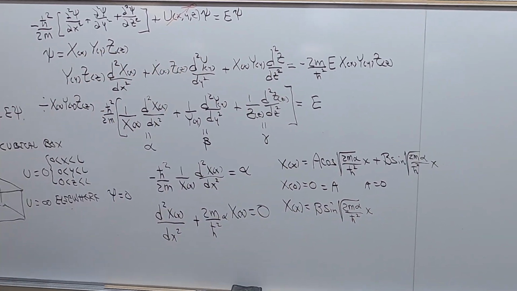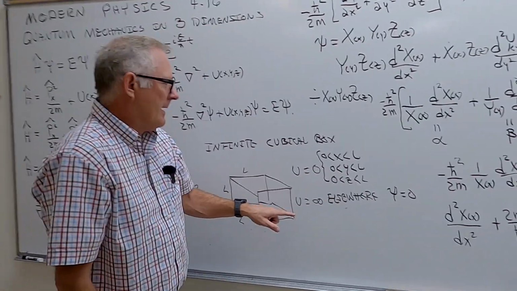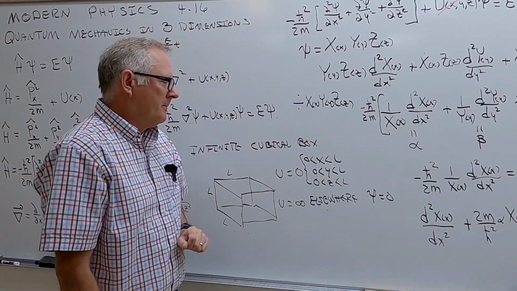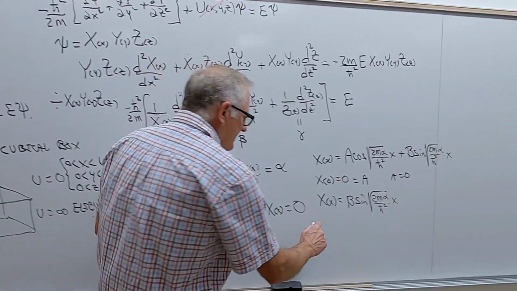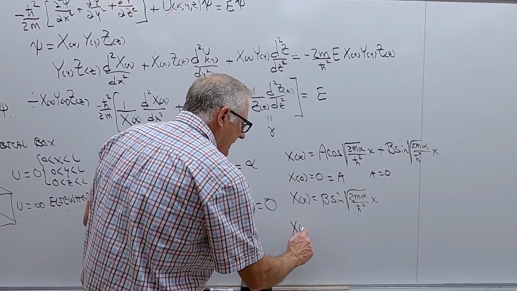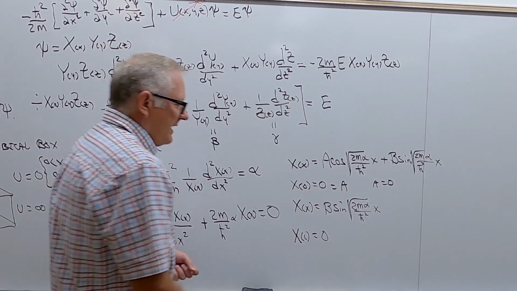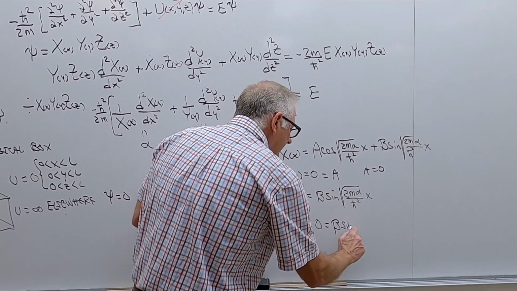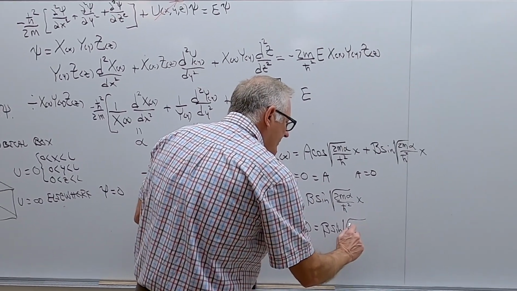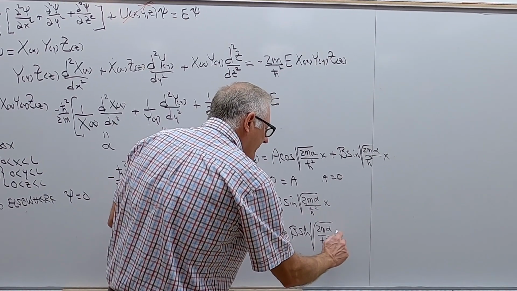And then what did we do last time? We said X at L was also equal to 0, because it had to be continuous. X sub L was equal to 0, which gave me B sine square root 2m alpha all over h bar squared L.